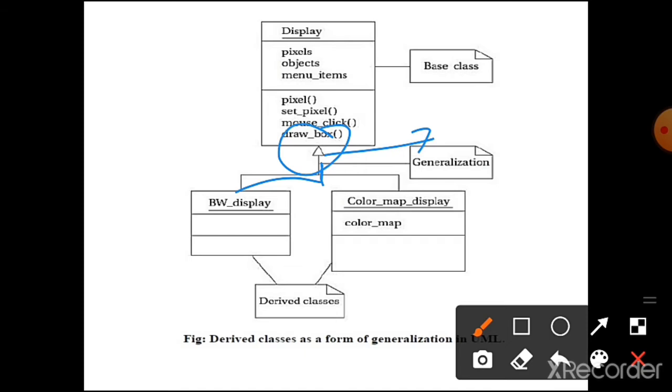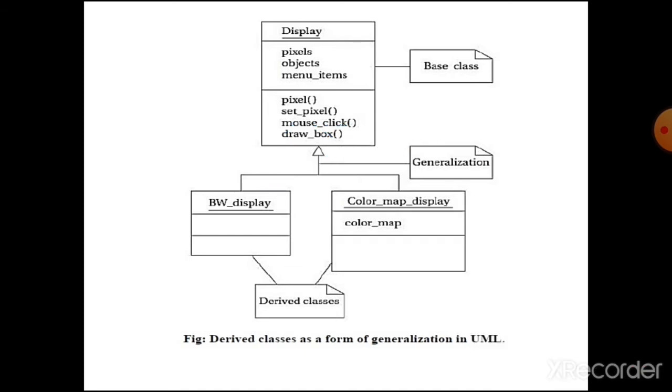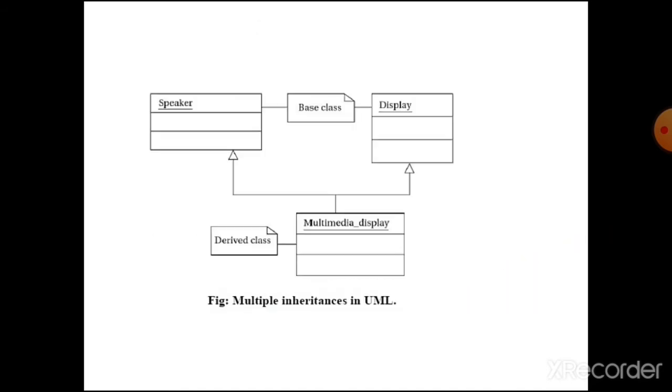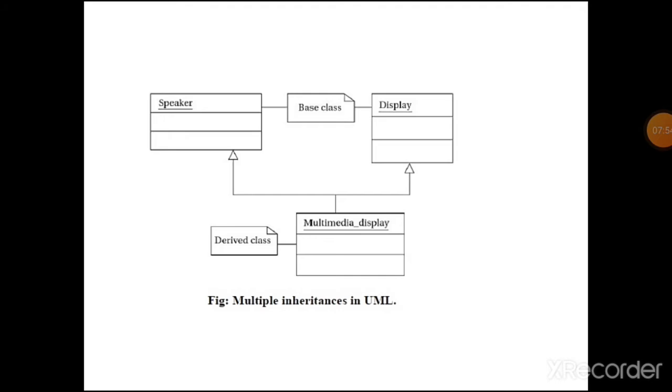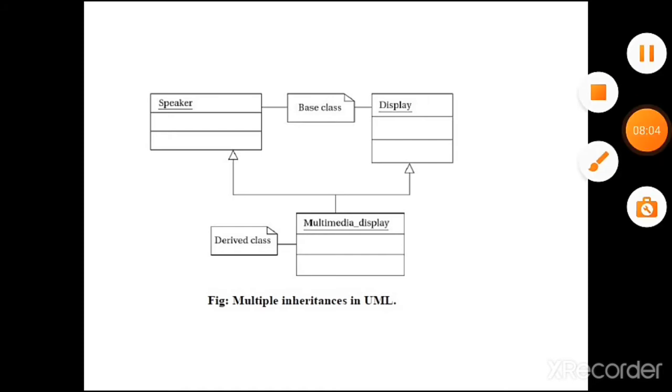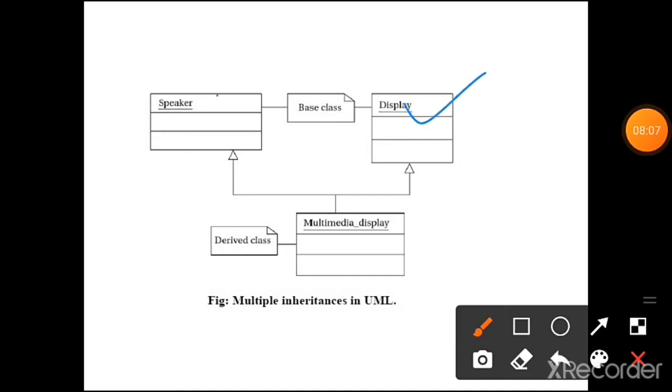It also supports multiple inheritance. Multiple inheritance means one class derived from more than one base class. This is the diagram representation of multiple inheritance. Here there are two base classes, Speaker and Display.